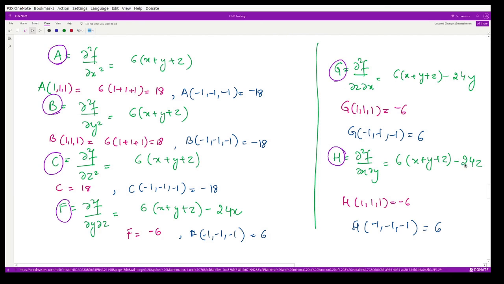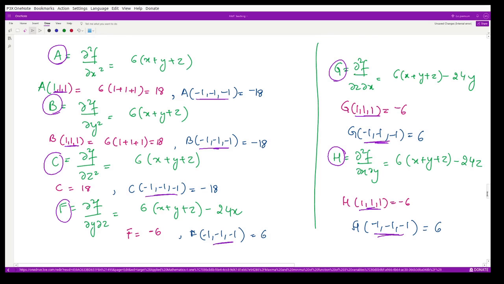And corresponding to these expressions we will also determine what is the value at the point 1, 1, 1 for all these, right, and for this -1, -1, -1. So at both these points what are their values?